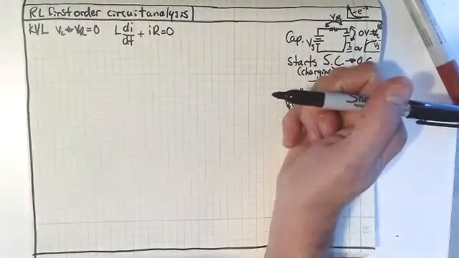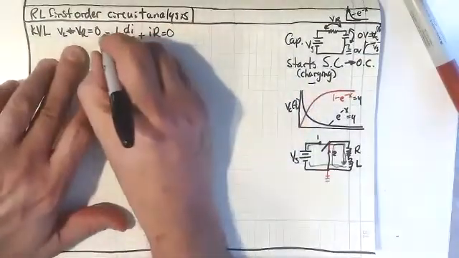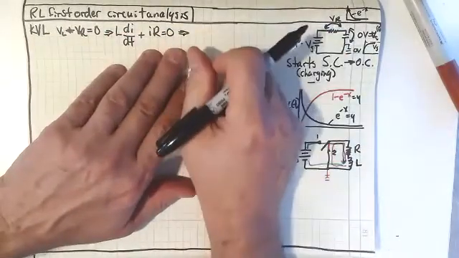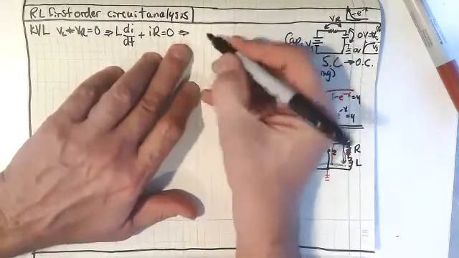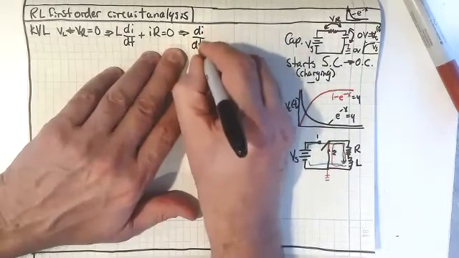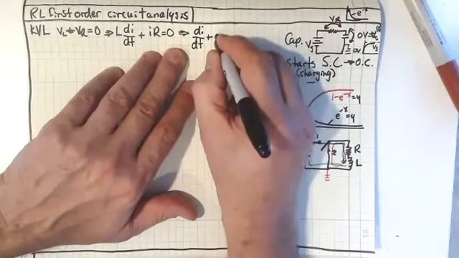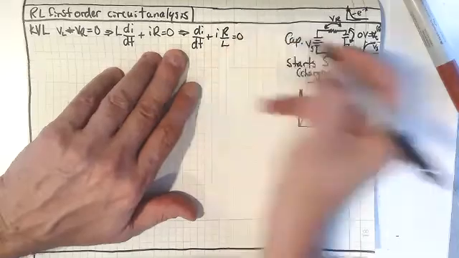So I'm going to divide both by L. So I get di/dt plus I R over L equals 0.